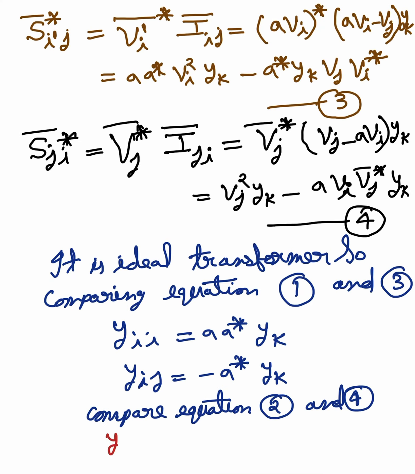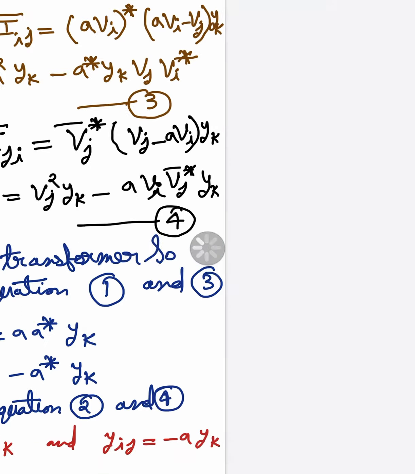In a similar way you have to compute it, that is Yjj is equal to Yk and Yji is equal to minus a Yk. Okay, so the value of Y partial we have to calculate.